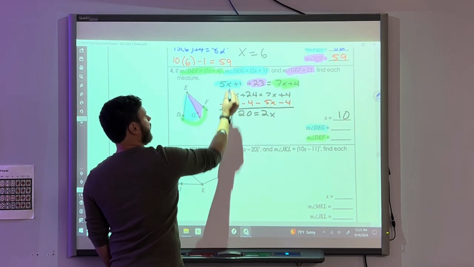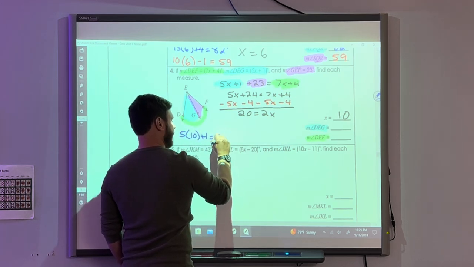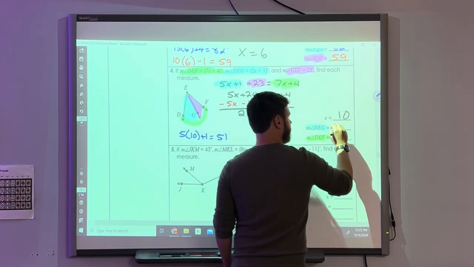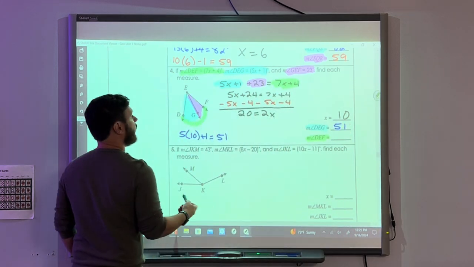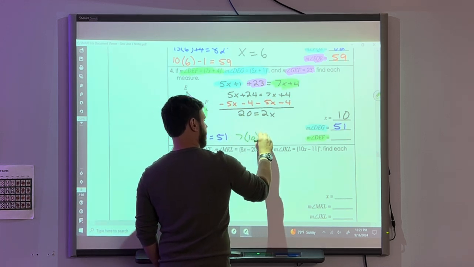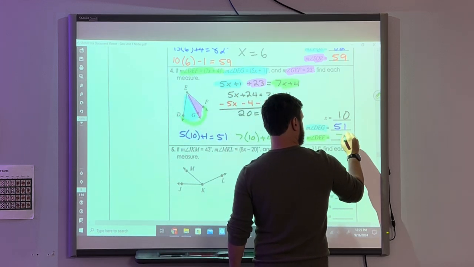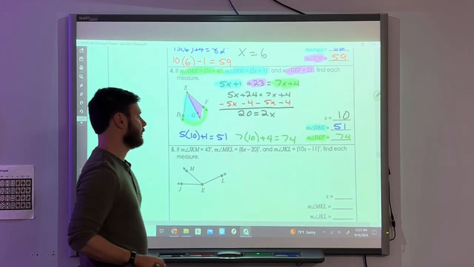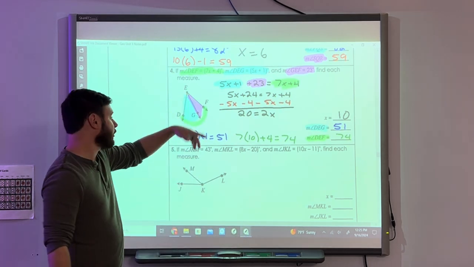Still want the blue though. The blue is this. 5 times 10 plus 1, that's 51. And the green was this. That is 7 times 10 plus 4, 74. Okay. Again, we can check our answer here because we know blue plus purple should be green.